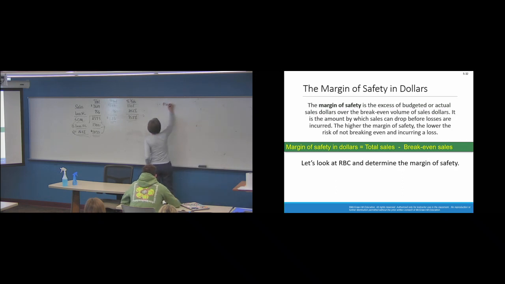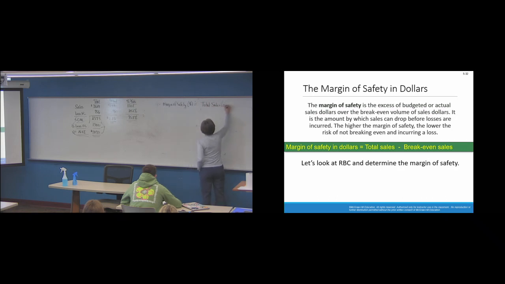And we'll talk about all of them here. Very simply, margin of safety in total sales dollars is equal to total sales, which can be current or budgeted sales.